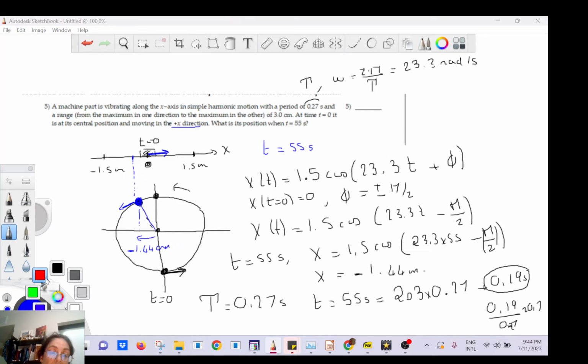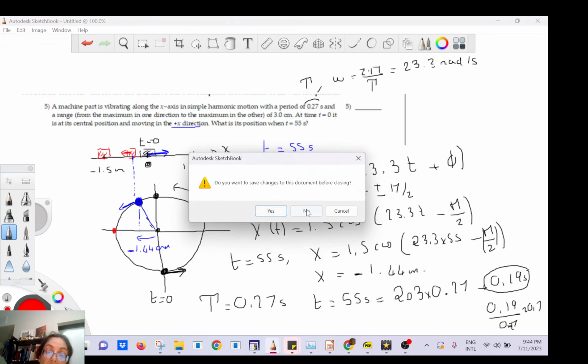So at that time, it's going to be on its way in this direction, on its way to here. Okay, so if you make a circle, it really helps visualizing what's going on.